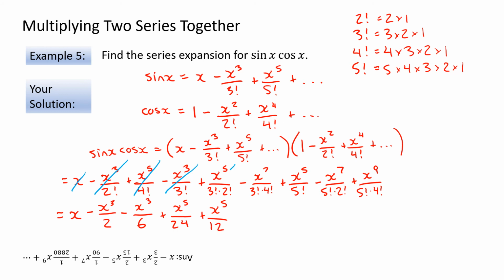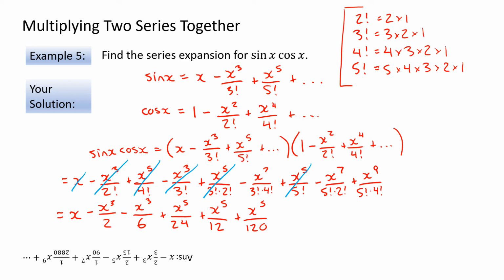That gets rid of the second term. Our third x to the exponent 5 is x to the exponent 5 divided by 5 factorial. And that is x to the exponent 5 divided by 120. Again, that's knowing that 5 factorial is 120. Or you could multiply it out using this. So that gets rid of our last x to the 5 term.